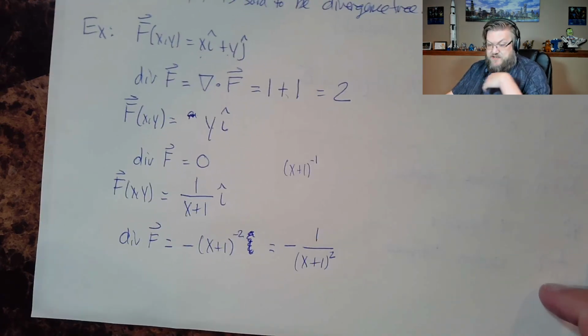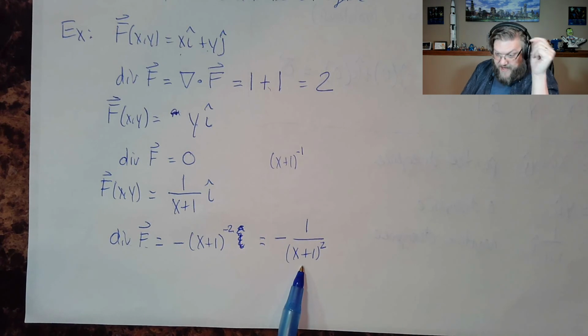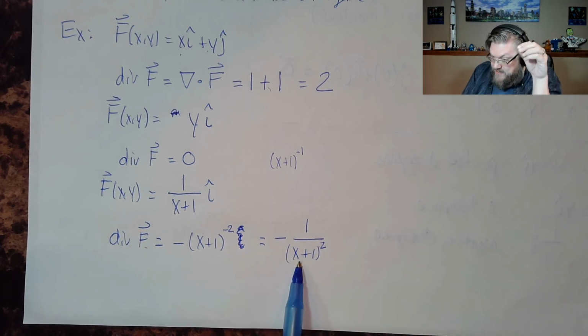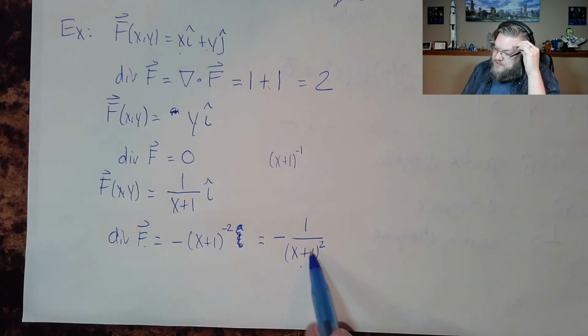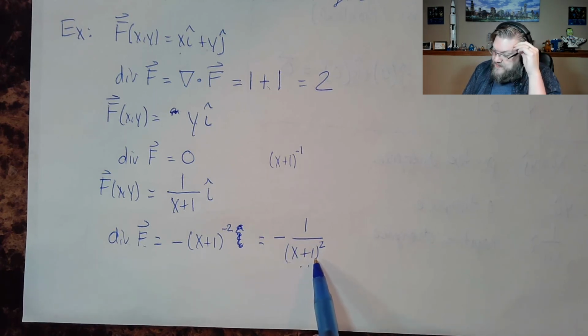Now, here's something interesting, right? Notice that the divergence of this field depends on your x value. Do you see that? So the larger your x value, the less negative the divergence. Said another way, as x gets closer and closer to negative 1, this denominator gets really large, right?